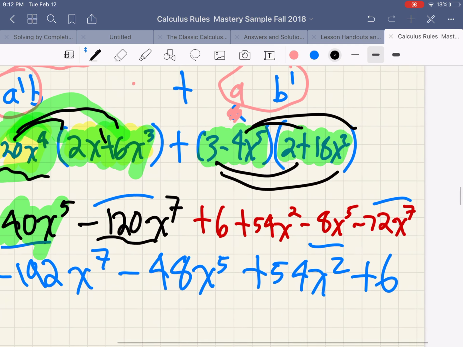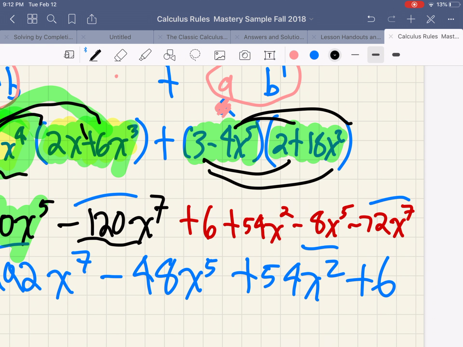Okay, the second set of brackets is the distributive law. So I've got a double distributive law, which is like a binomial times a binomial. Some of you may have learned it as FOIL. It really doesn't matter how you learned it as long as you know how to do it. So it's this 3 multiplied by the 2 to get 6.